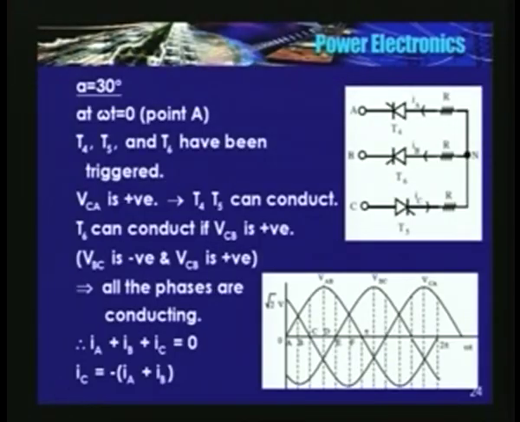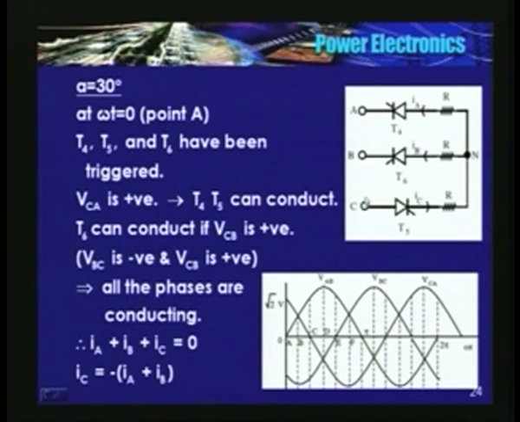Now, can they conduct? See, if you see the equivalent circuit, T4 is connected like this, T5 is connected in this fashion, T6 is connected in this fashion. Now, you can have a current flowing from T5 to T4 provided VCA is positive.